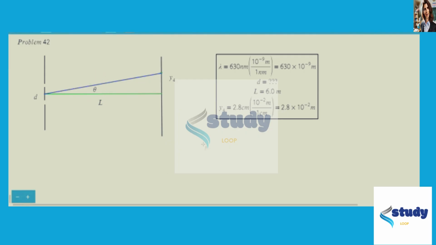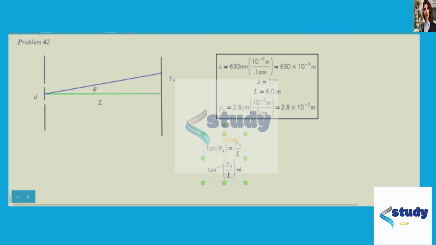So from the diagram, we see that tangent of theta is equal to, actually this is theta 4 because it's the fourth order bright fringe, y4 over L. So let's go ahead and take the arctangent of both sides to see if small angle approximations are valid.